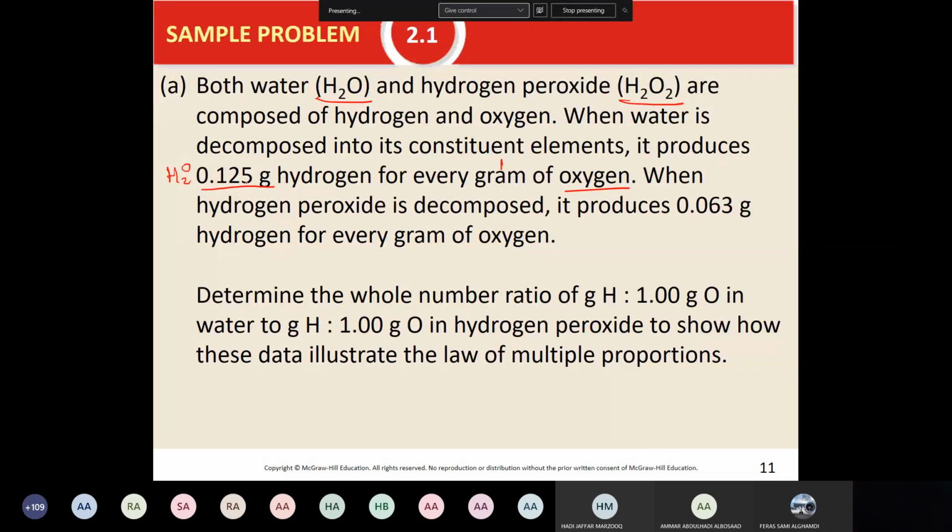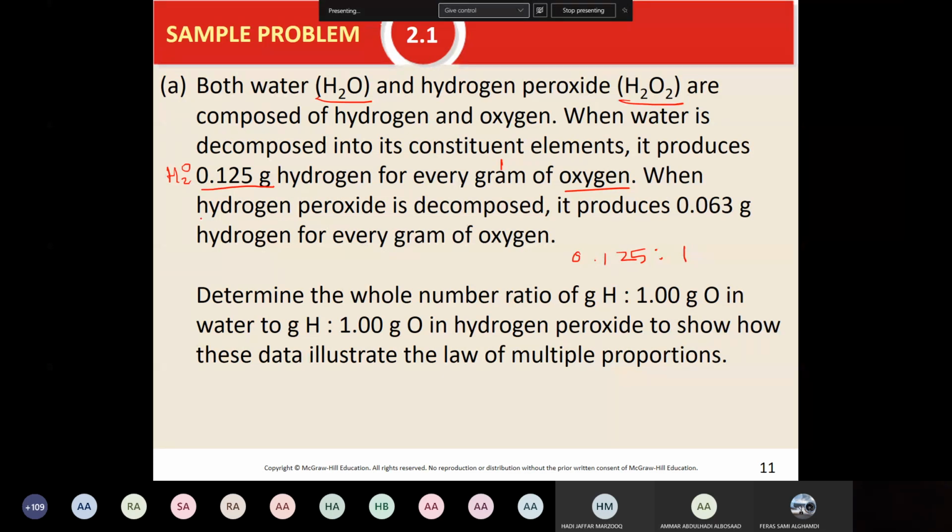So what's the ratio of hydrogen and oxygen in water? 0.125 to 1.